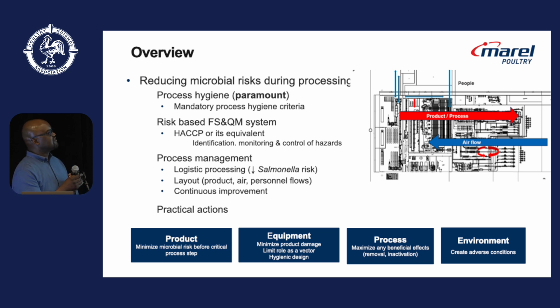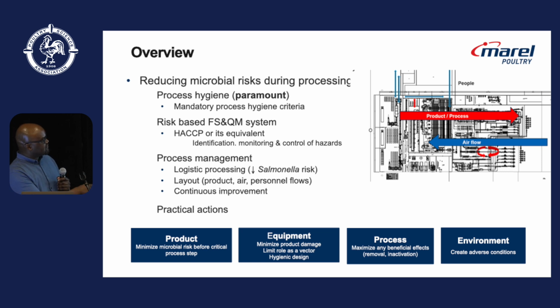Your air is normally flowing from the clean part of the process, whilst your product is flowing in the opposite direction, which allows you to reduce the risk of air being a source or a vector of contamination. And then your personnel flow is normally on the periphery of those processes, and obviously you would want to separate personnel who are working in the clean and the dirty parts of the process.